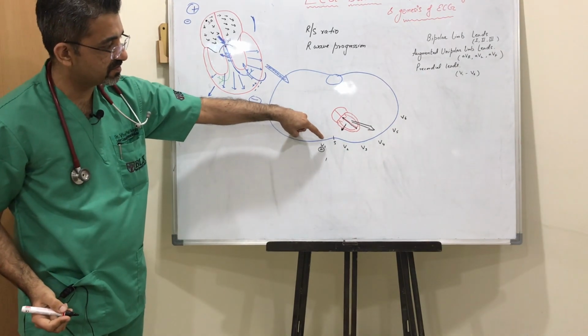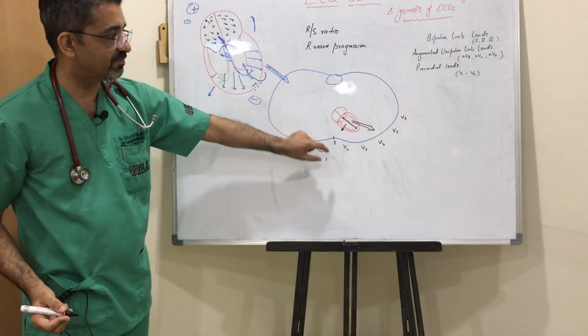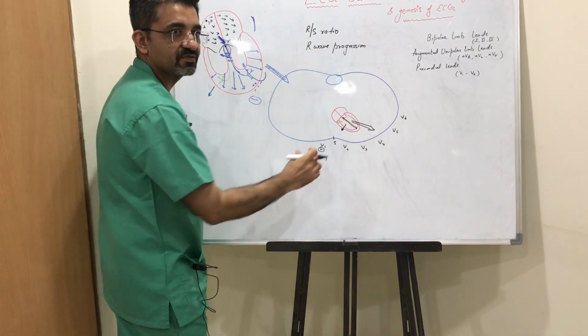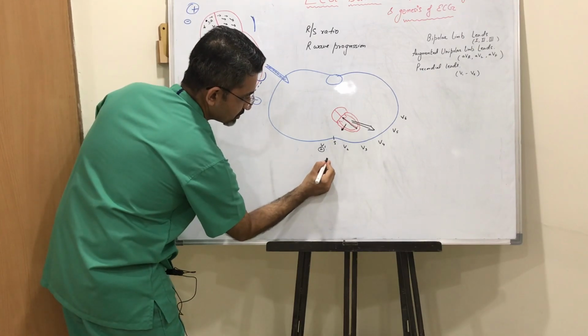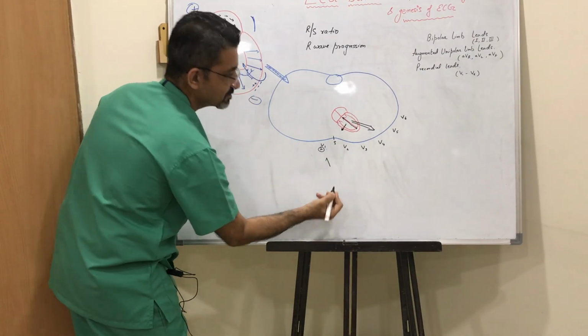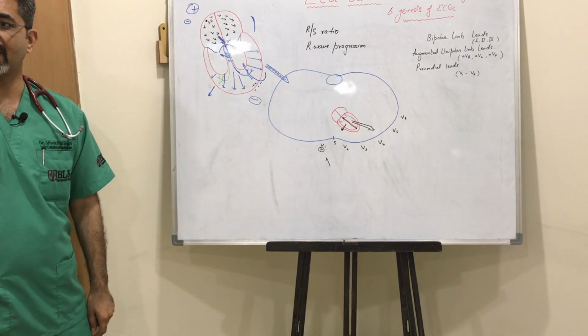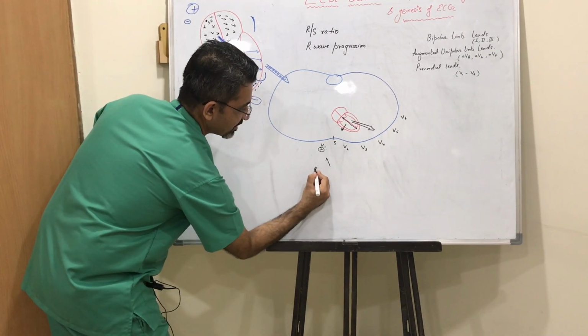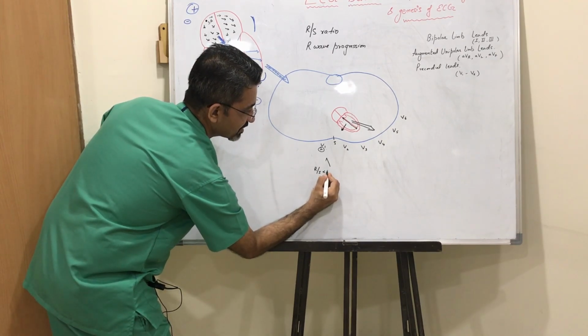Something coming towards V1 will be small because it's a small vector. But there is something going away from it which is big. So it will be like this. R by S ratio will be less than 1.